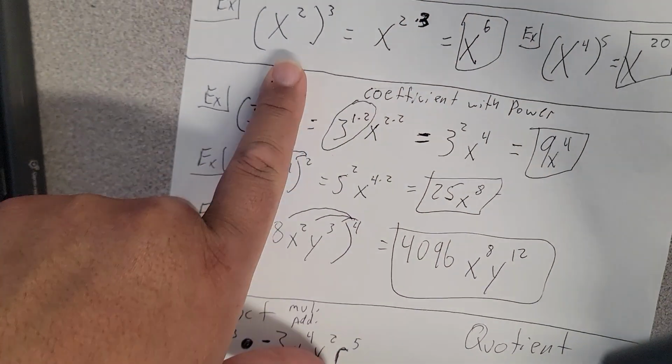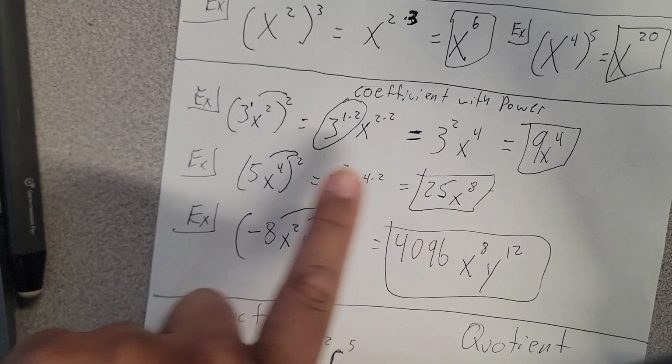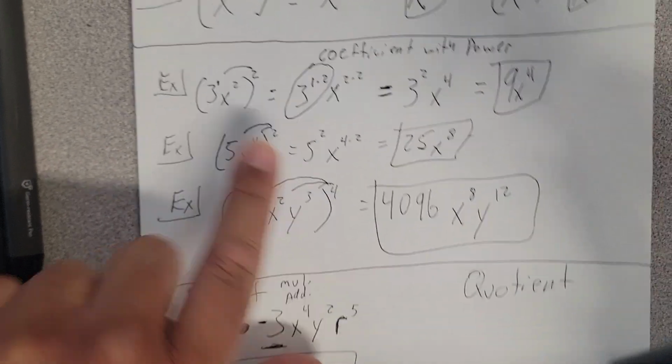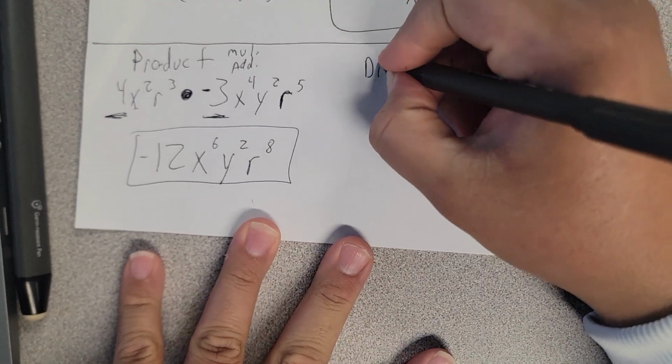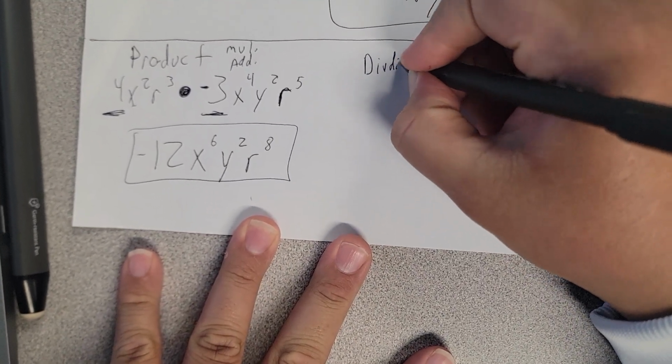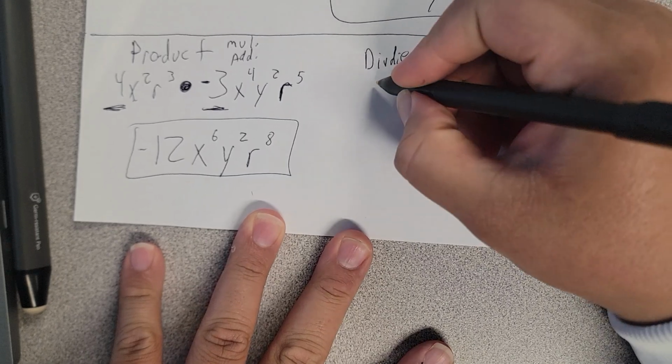The power rule has parentheses, so you have to multiply them, okay? And also the coefficient, that's the power rule when you see parentheses. And the quotient rule is you're gonna divide, so I'm gonna write down divide right here, and subtract.